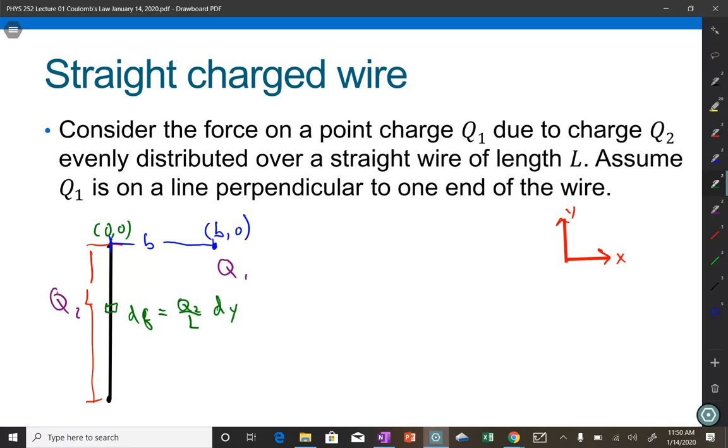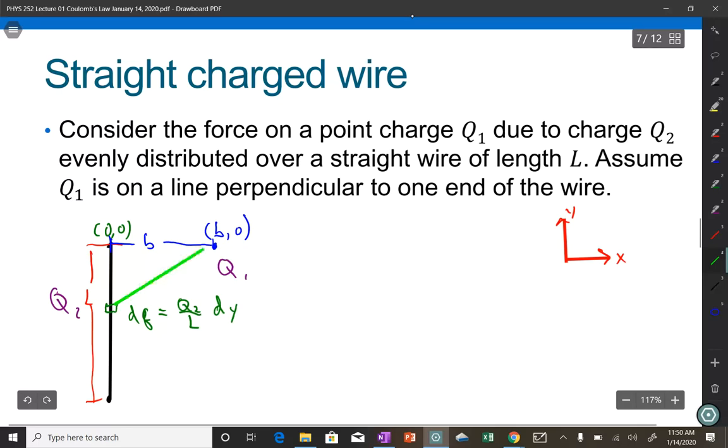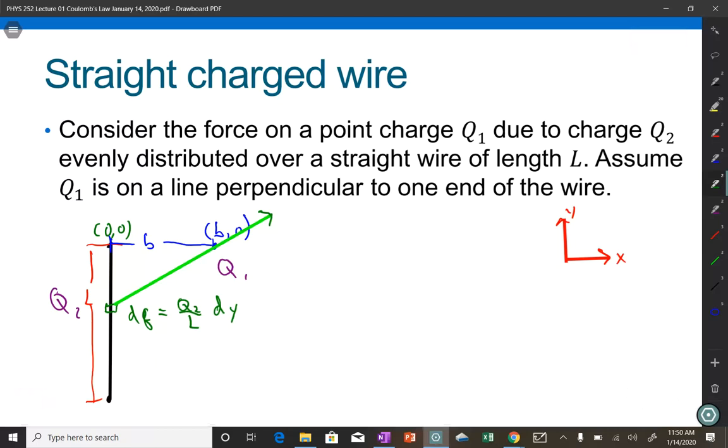Start with, is it attractive or repulsive? Well, if they're both positive, that's repulsive. And so going from here to here, I just made it a little longer than necessary. So I can say, that's the direction I'm going to have for my dF.